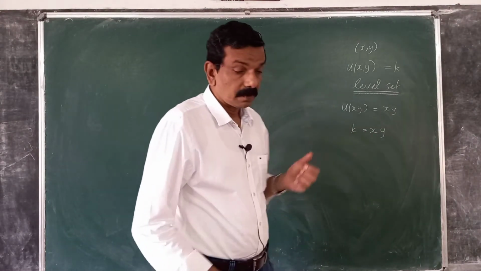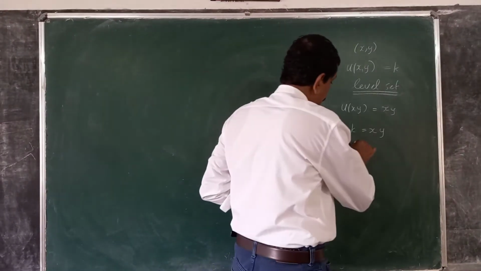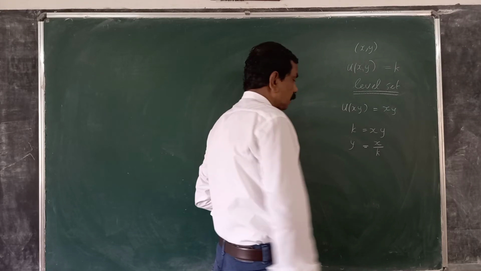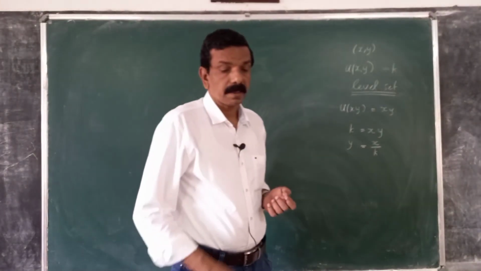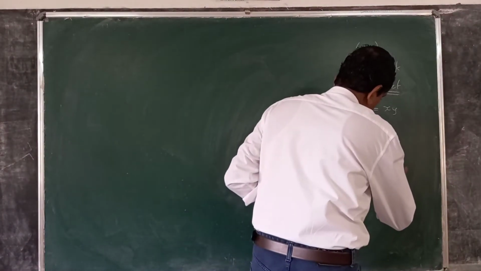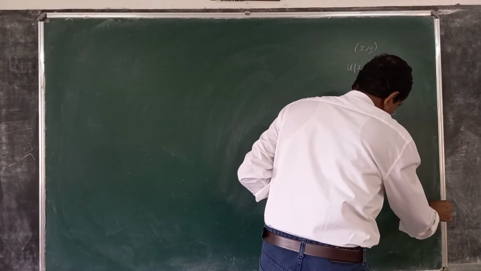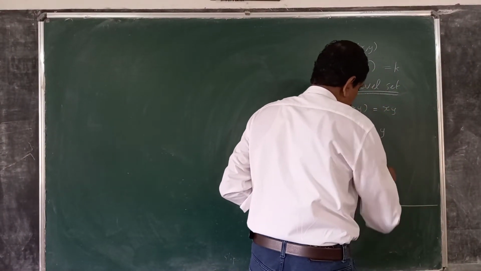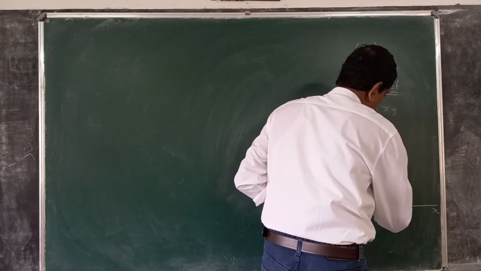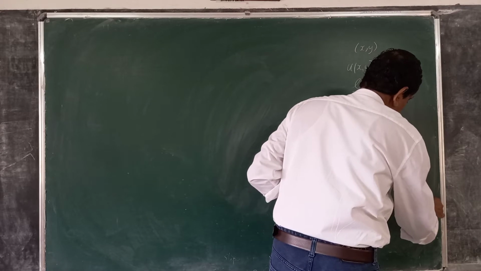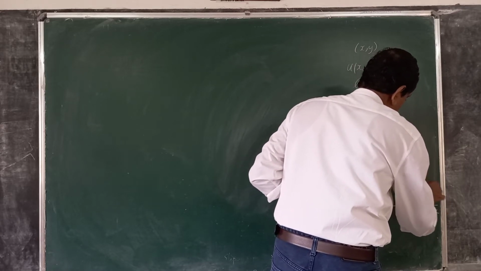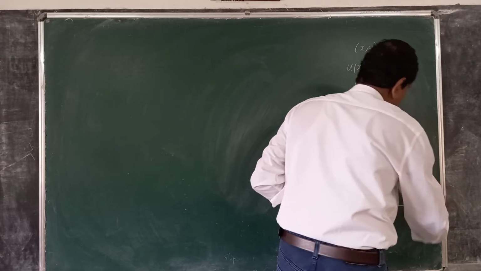So solving for y, we can write it as y = k/x. Such a set of indifference curves is given here. Y is here, x is here, and k = 1, k = 2, k = 3, like this.